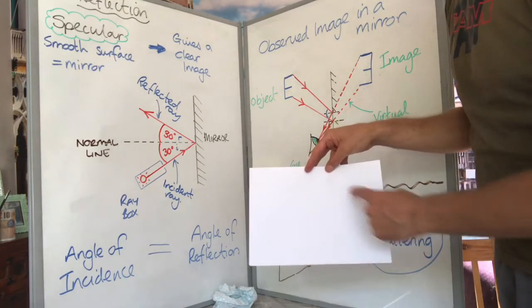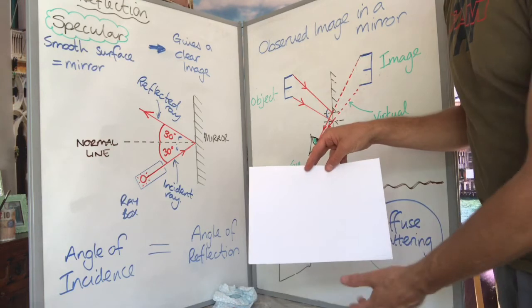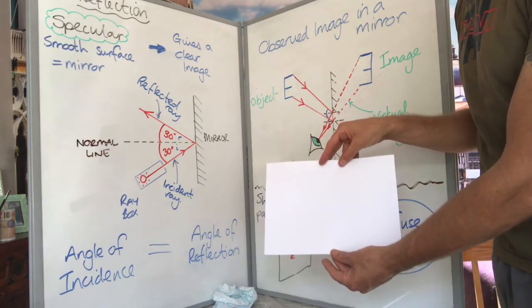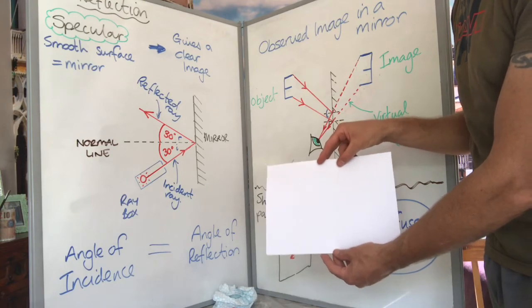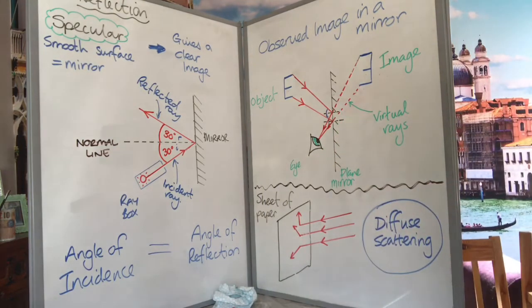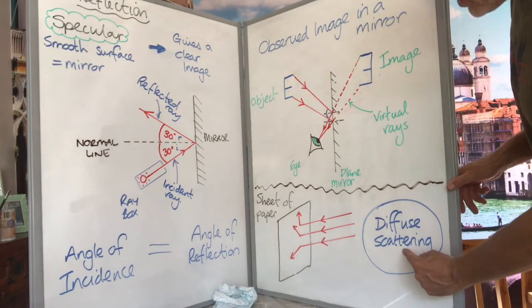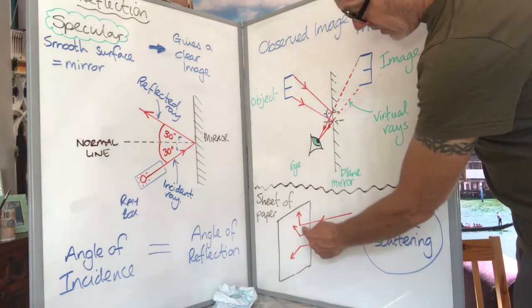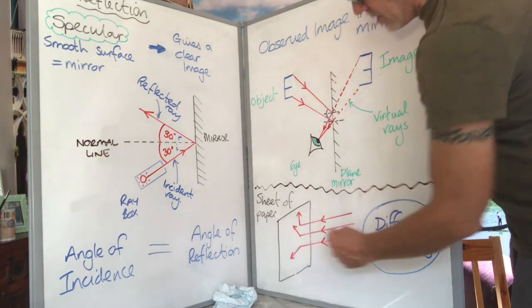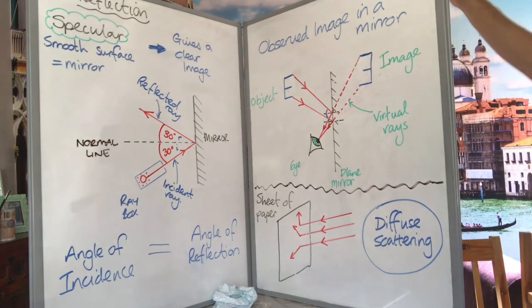They scatter the light. So these reflect, so it's a type of reflection, but it scatters the light, so there is no clear image. You can't see any reflection or image in here. So this is known as diffuse scattering. The rays of light from our object get scattered in different directions, so no clear image is produced.